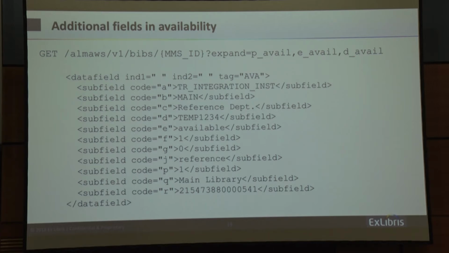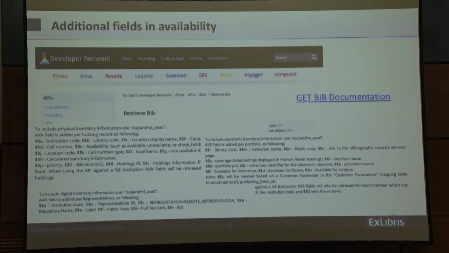So you can put in that expand parameter. You can say, I want my print availability, I want electronic availability, and I want digital availability. And we return back these pseudo fake MARC tags with a whole bunch of subfields. And these subfields provide for you all of the information, again, that you, in theory, will need to present the availability options to your users.